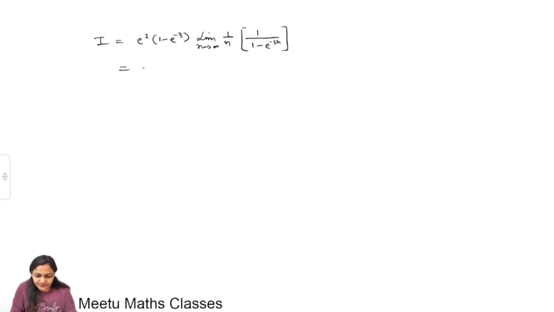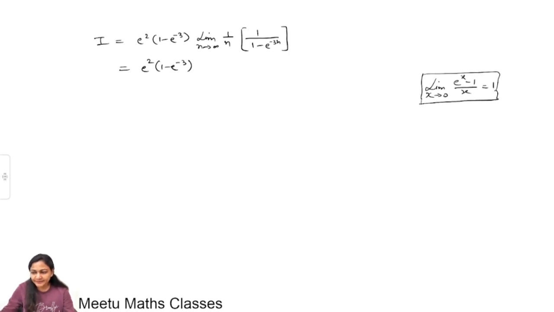Now this will become a standard limit. So we know a standard limit, that limit x tends to 0 of e raised to power x minus 1 upon x is equal to 1. This is one of the standard limits. So to make this, e raised to power minus 3h, first of all replace h by 1 by n.